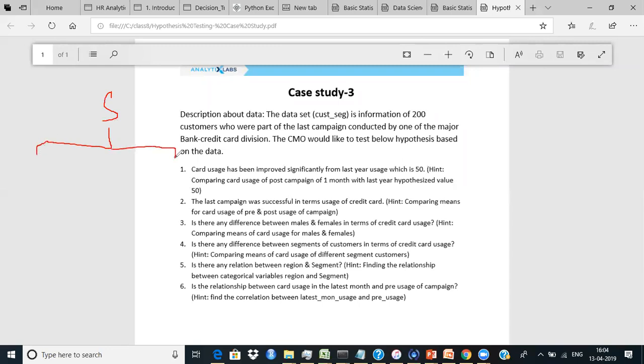Either you know the standard deviation, K, or you do not know the standard deviation, D, right? If you know the standard deviation, then the test that you are going to do is the Z-test.